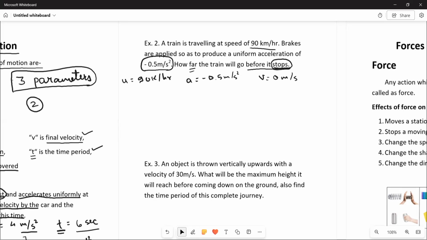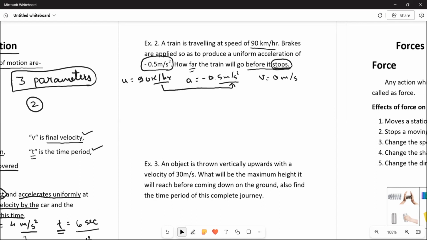right? And here you can see that our u is in kilometers per hour, and our acceleration is in meters per second square. So our first step here will be to convert this kilometers per hour into meters per second.